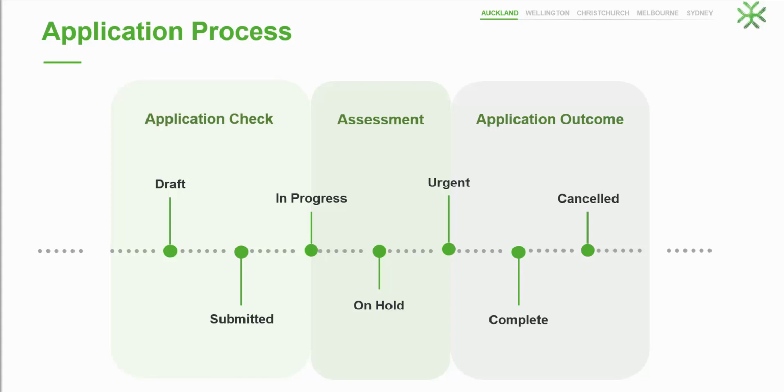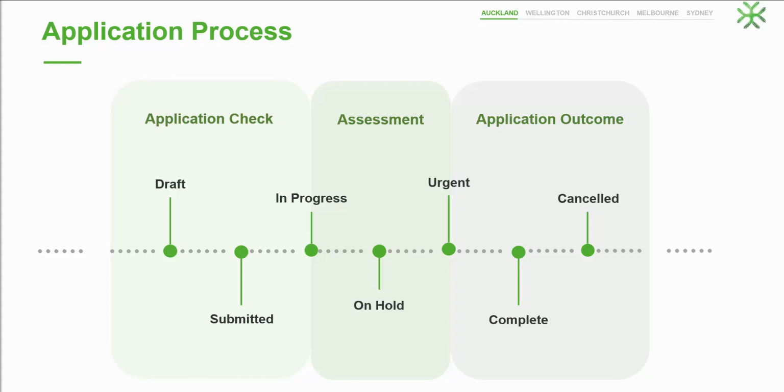During the assessment stage, the agent will need to collate the information received in the application and confirm a few things. They might put the application on hold, so it will go on hold status while they clarify some information. They could also escalate it to an urgent status where they might need a manager to review and approve certain details. All of this is done during the assessment stage when they are processing the application.